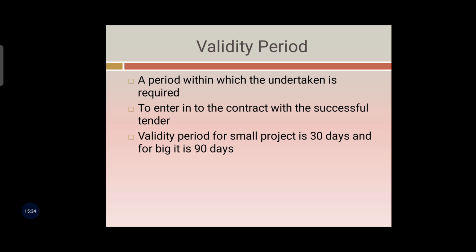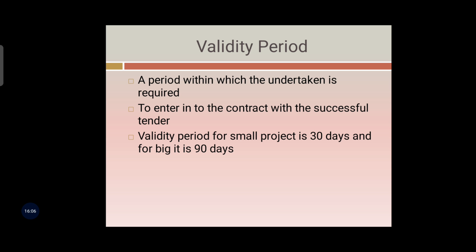Now the next one is validity period. So the validity period is the period within which the undertaking is required to enter into the contract with a successful tenderer. On expiry of the validity period, the rates quoted in the tender are not binding upon the tenderer, if the tenderer does not agree to extend the same to enter into the contract.